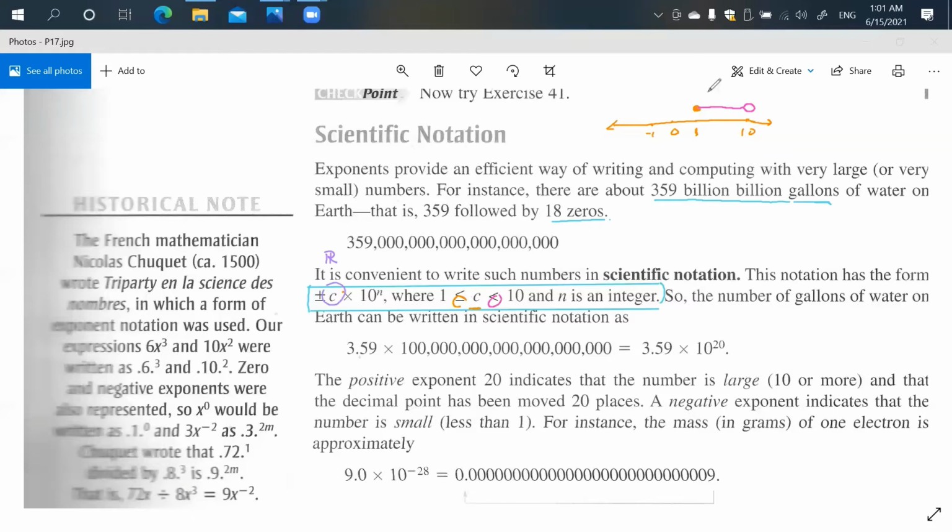This represents C less than 10 and C greater than or equal to 1. We learned this from last lesson.